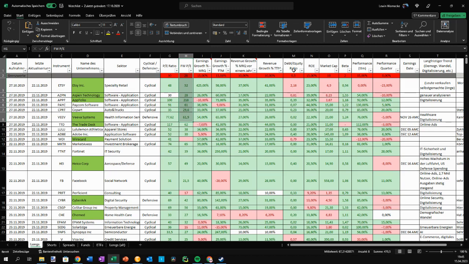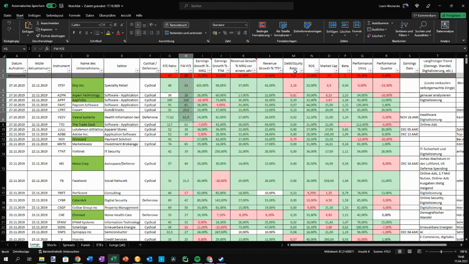And then you have the debt equity ratio, which is, I think, self-explanatory. It's just the debt of the company in comparison to its equity, and it shouldn't be too high. I think it's pretty clear why.